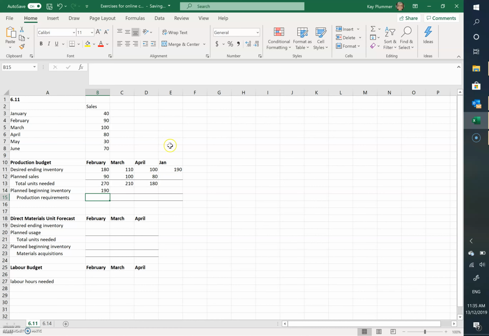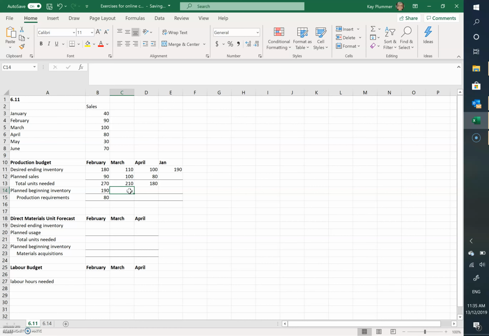Now, I've put January over here. Normally it would be in a column here, but it's just showing you that we need to go back and look at January to work out what February is going to be. So our production requirements are simply the 270 minus the 190. So we're going to need to produce 80.